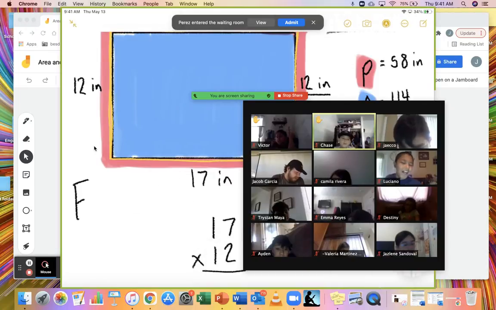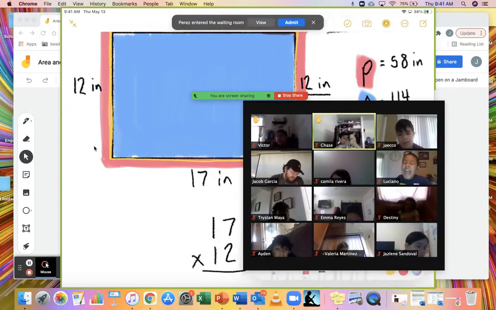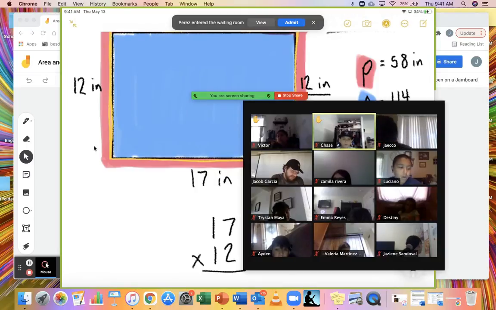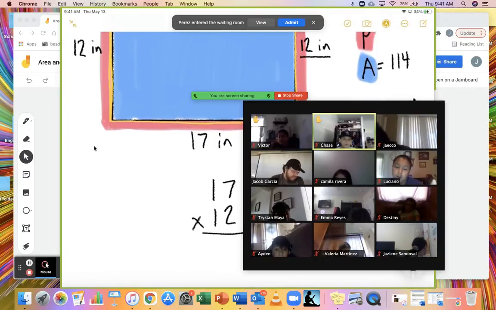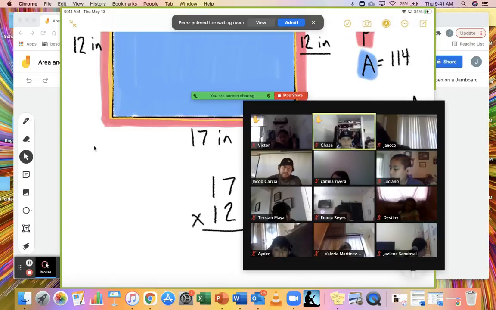And the formula we use for area is our base times height. So you were correct in doing 12 times 17. So let's go ahead and do 12 times 17 to see if we got our area.